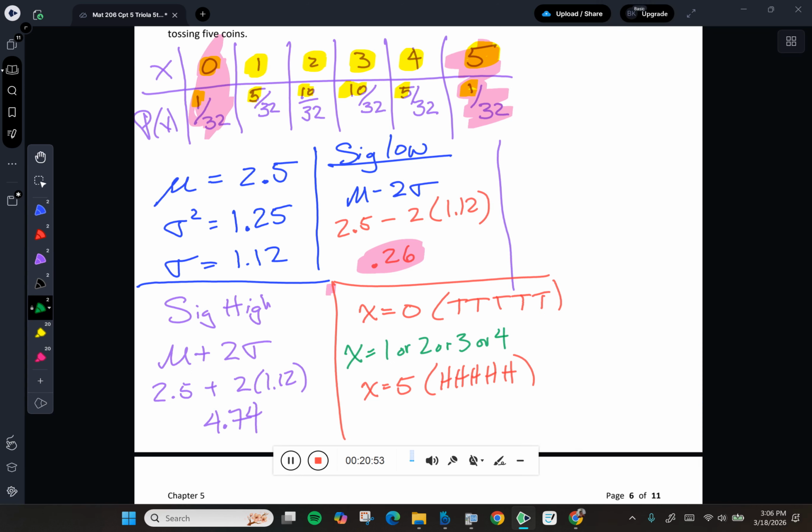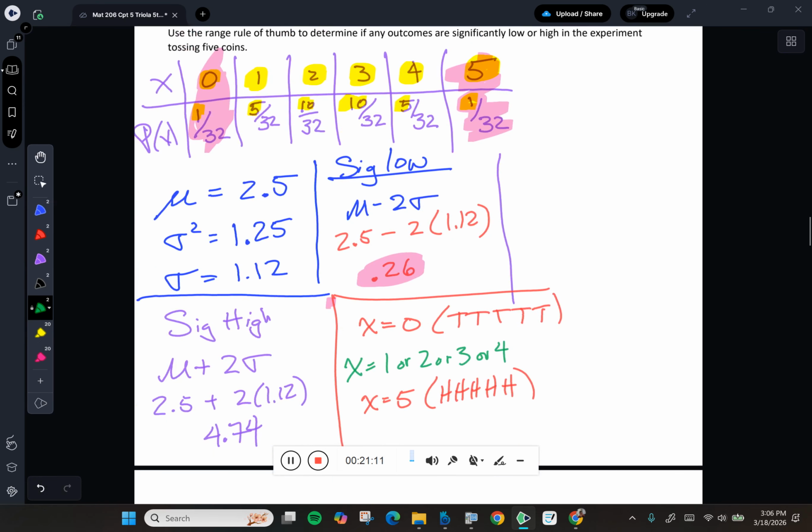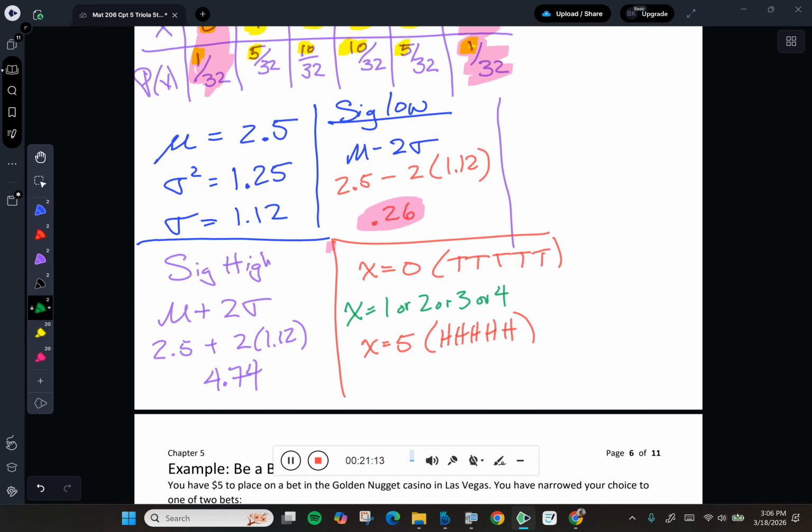So the idea of significantly high or significantly low is that things happen when I run experiments. Randomness comes into play. We get ranges of values, and I would go, should this happen? Shouldn't it happen? Now, if I want to go one step bigger, if I ran this experiment a bunch of times and I got an average of 0, I would say there's definitely something going on with these coins.